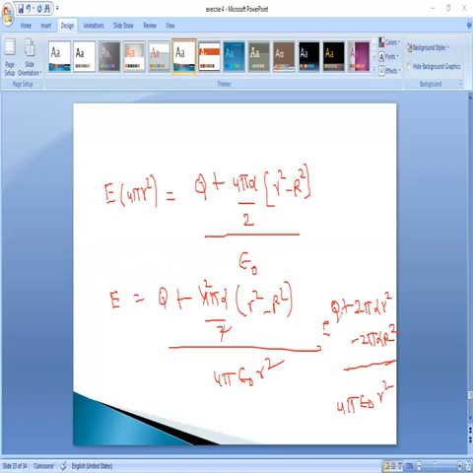If Q and minus 2 pi alpha R square are cancelled, then small r square and small r square will definitely be cancelled, and it is independent of r there. So for E to be independent of r, the condition is that Q should be equal to 2 pi alpha R square. This is the only condition for E to be independent of small r only.